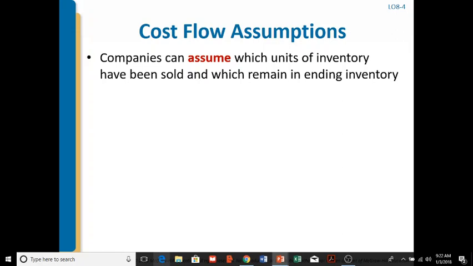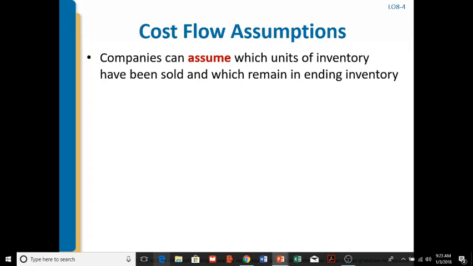Again, management has flexibility as to which inventory cost flow assumptions they use, and understand that they might use one cost flow assumption for a specific category of inventory and a different one for a different category. Look at Walmart.